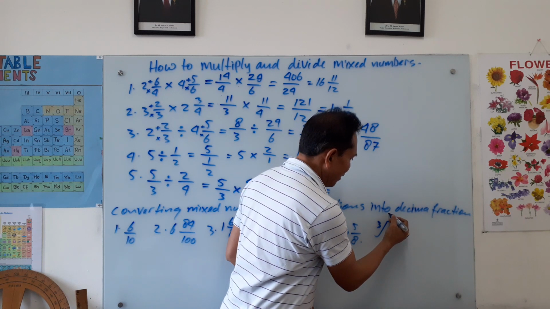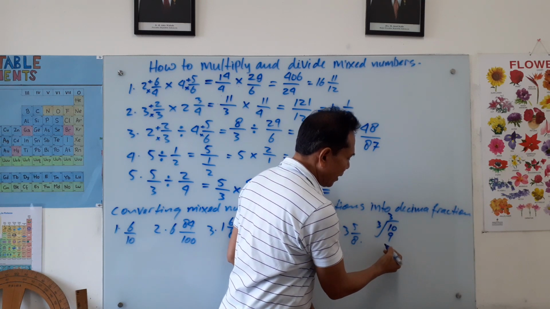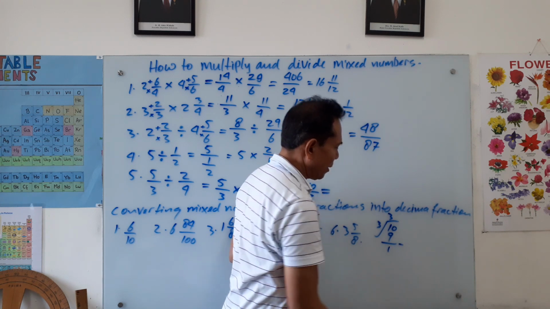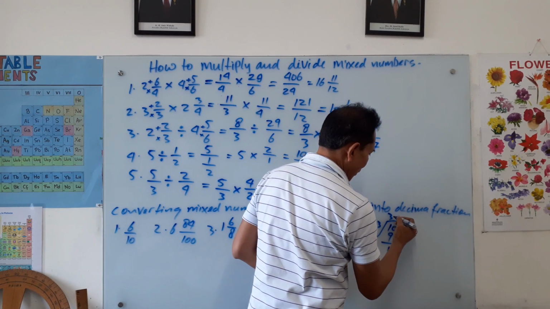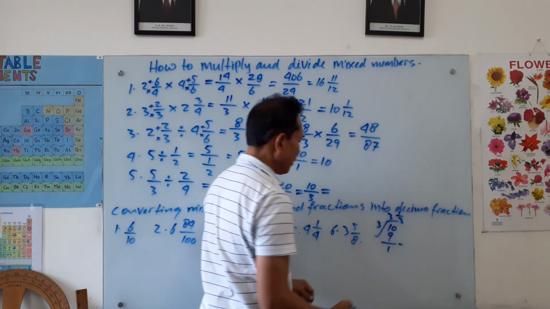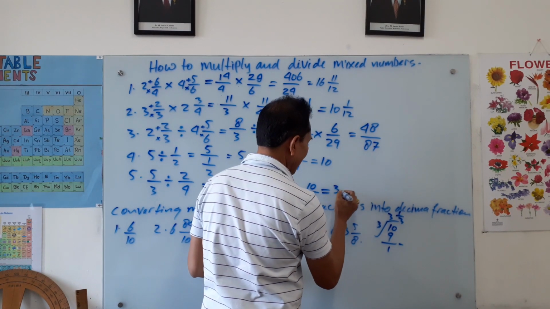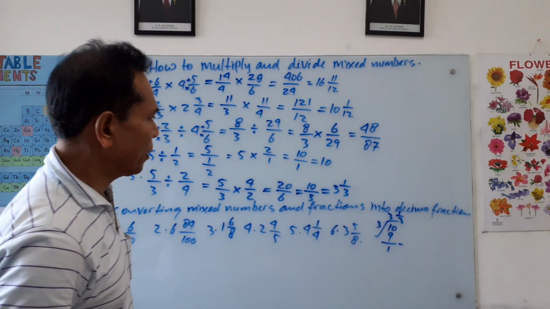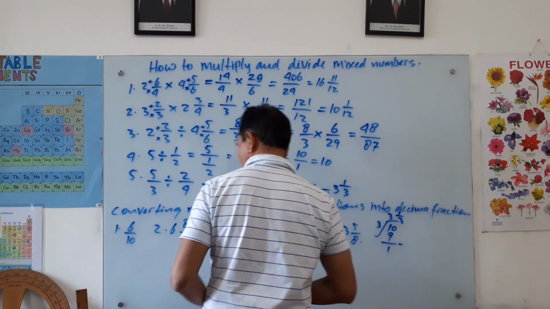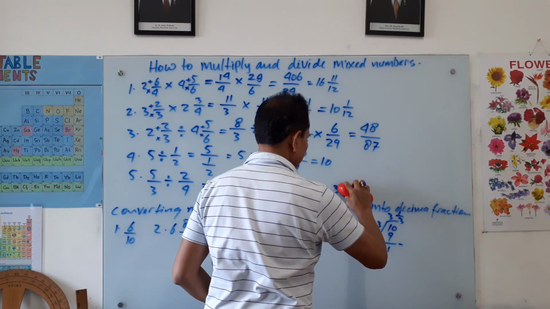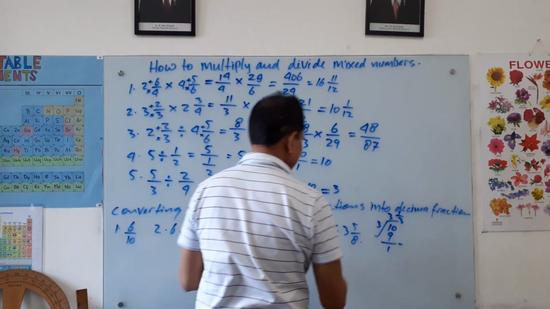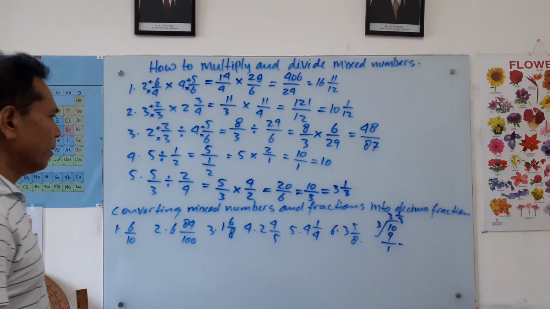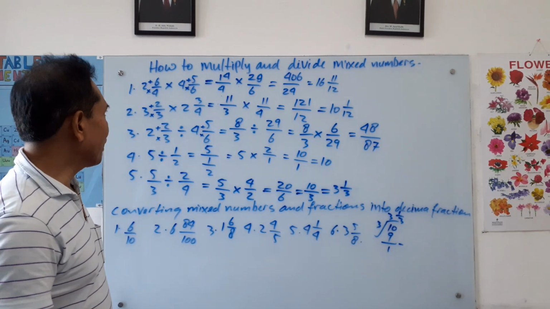So we take 3. 3 times 3 is 9. 10 minus 9 is 1. So you have 3, 1 over 3. Or 3 and 1/3. So write it properly. 3 and 1/3. Okay. Now, it's done, children.